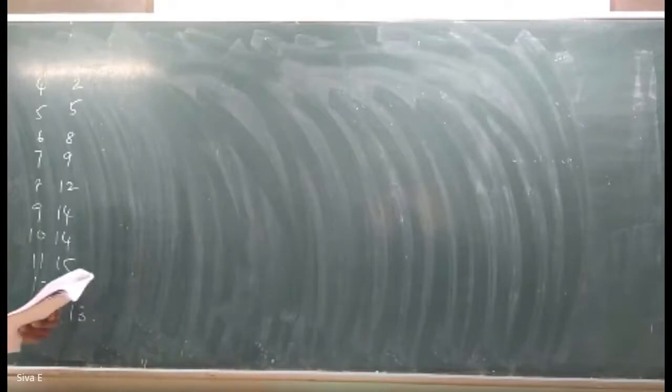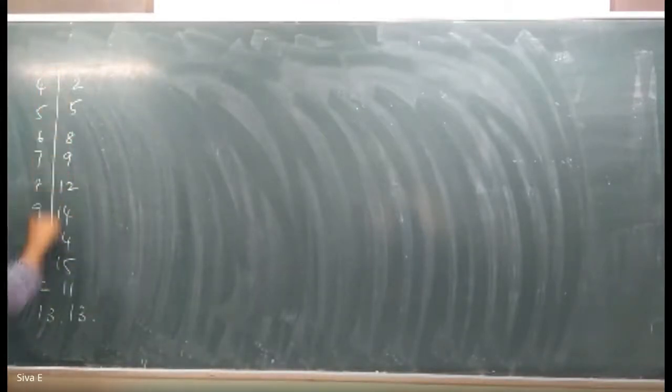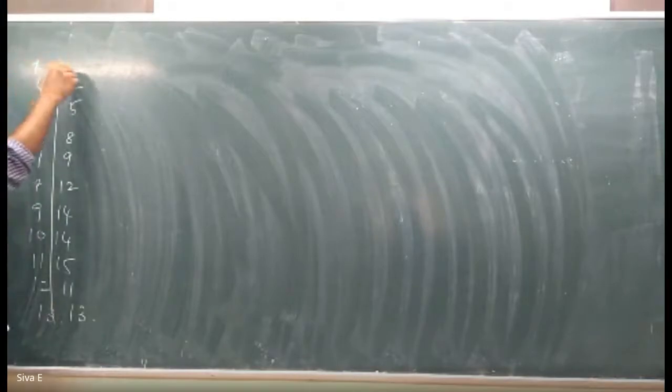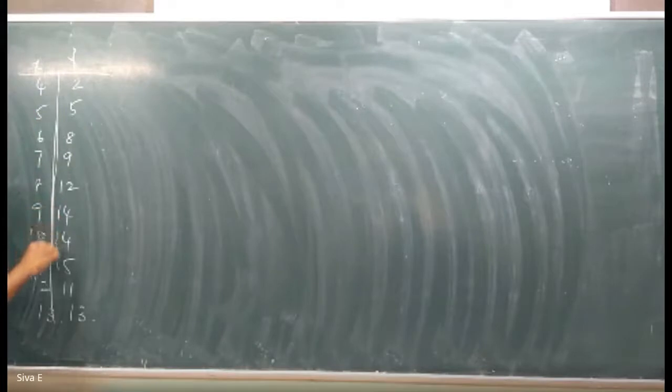The method is as follows. So how to find that? First one is X, second one is F. The method of grouping of frequency.